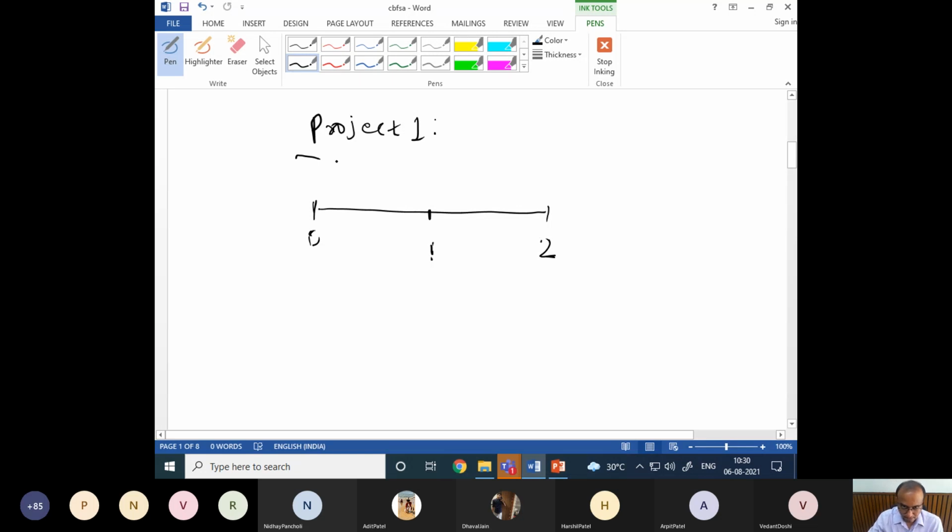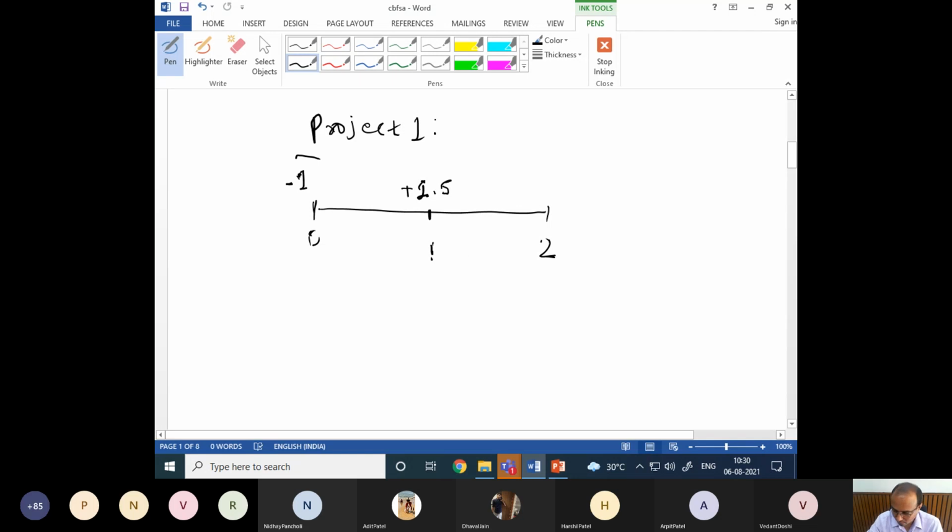Now, project 1 requires an investment of say 1 million. I am writing it with a negative sign. Let me invest it. Then as per the data, after 1 year, it returns me some amount, so I am on the receiver side. So it returns me 1.5 million, say plus.